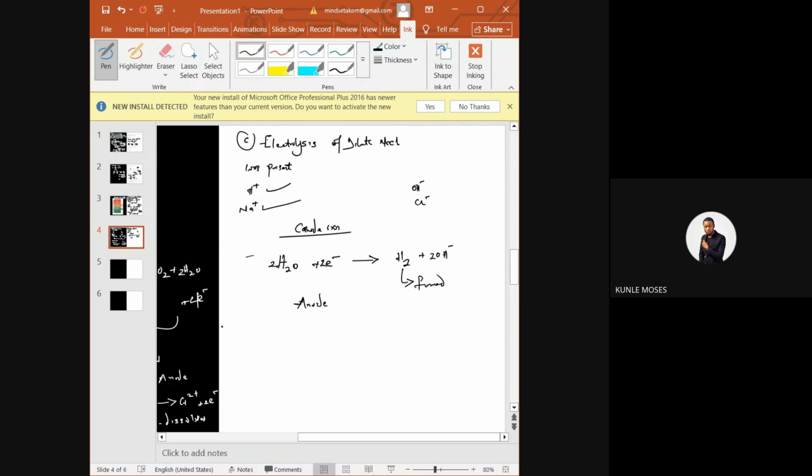So if OH minus is discharged, it is the same thing that we got the other time. That's O2 plus H2O plus e minus. So that would be even, 4. So this would be 4. So it simply means oxygen gas is formed.